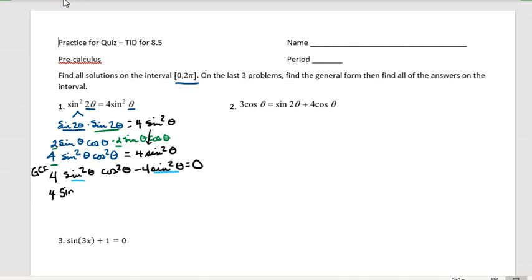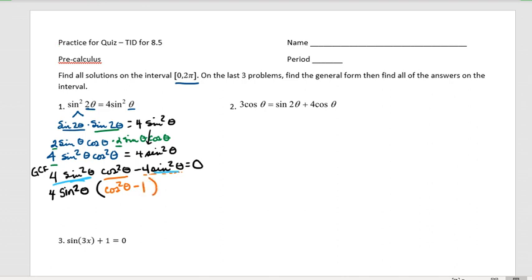is 4 sine squared theta times, okay, if I pull this 4 sine squared theta out, look what I have left but a cosine squared theta. And if I pull out a 4 sine squared theta out of that, if I divide it out, all I have is 1.